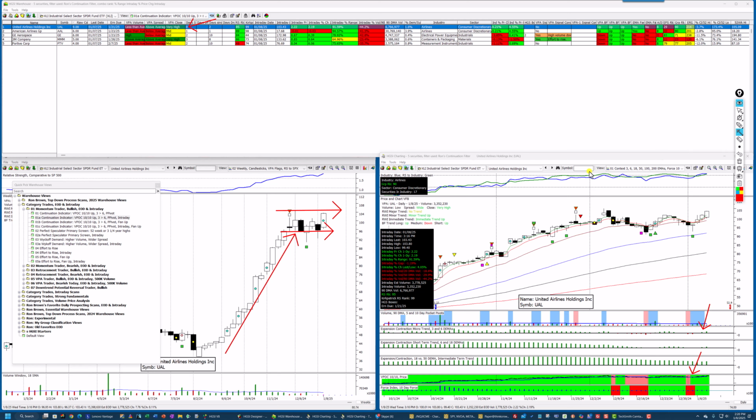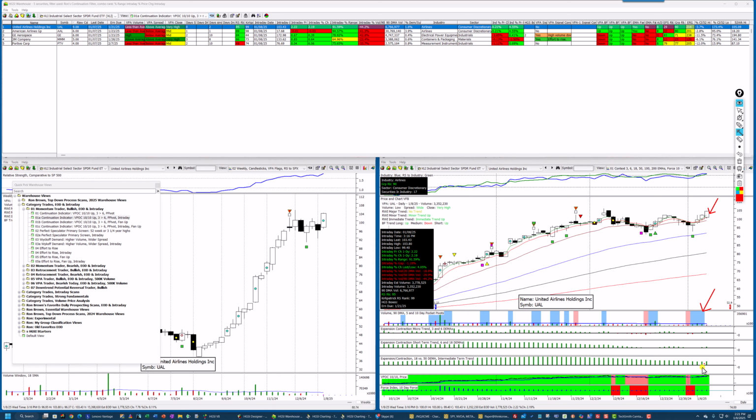So what makes this a continuation stock is that there's certain criteria that has to be met. I'm going to erase this, and one of the criteria is that the 3 has to be above the 6, and we know it is. There has to be pocket pivot volume, or these blue lines have to be here.